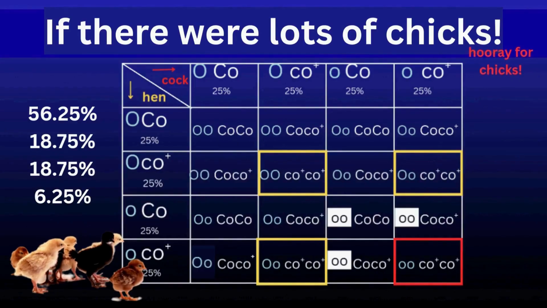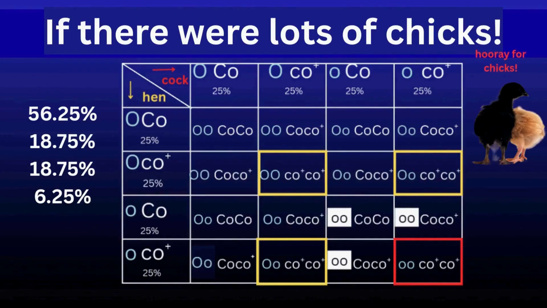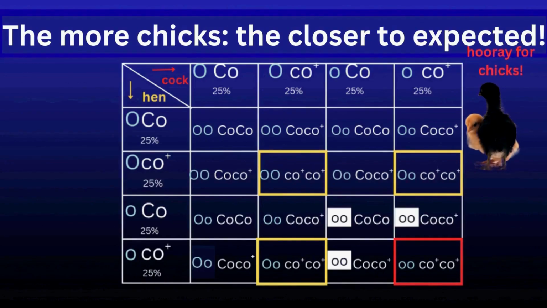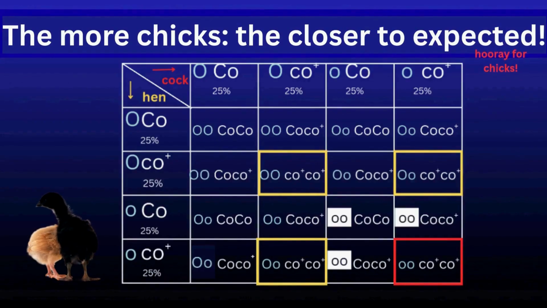Of course, these are the theoretical expectations. In real life, the observed percentages would be approximate. The more such crosses that were considered, the closer the real percentages would be to the theoretical ones.